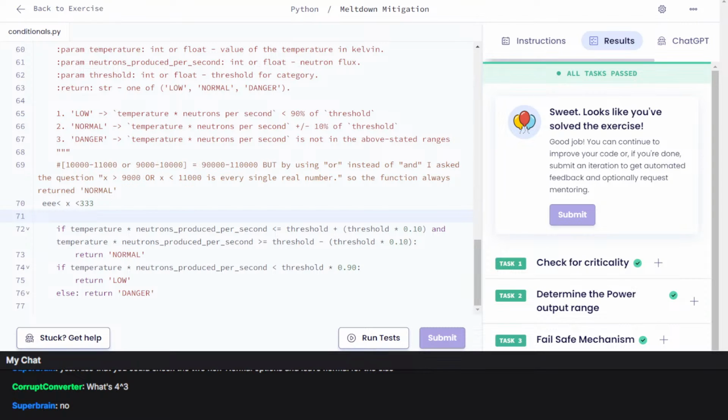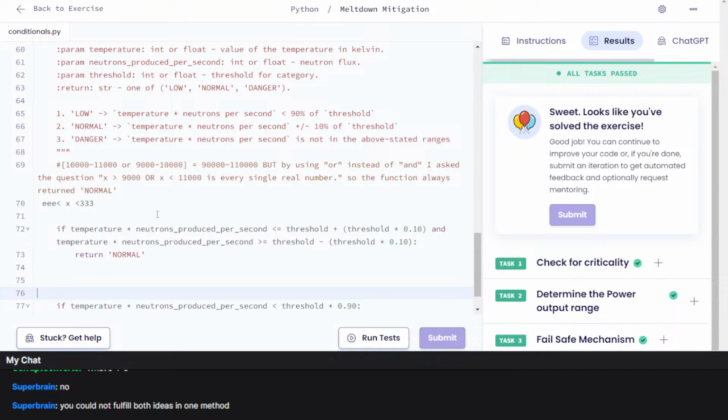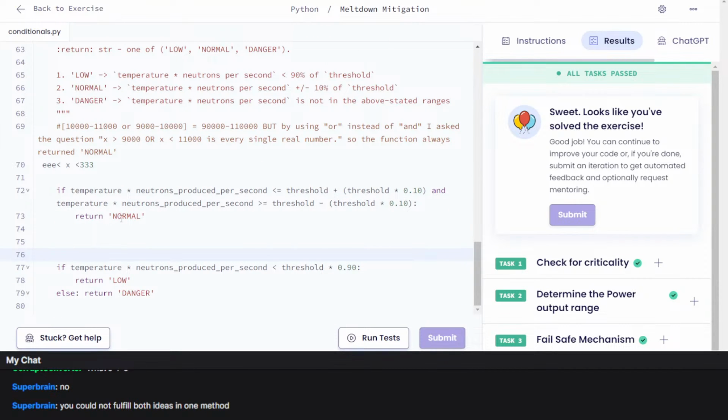Or are you saying I can combine the syntax, this new syntax? Okay, I'll write two methods then. Superbrain says you could not fulfill both ideas in one method. I won't move on to a new problem. I'm just gonna comment this out, and I'm gonna try writing two methods that work. Obviously I don't comment them out. I want to try both solutions. I hope that makes sense.